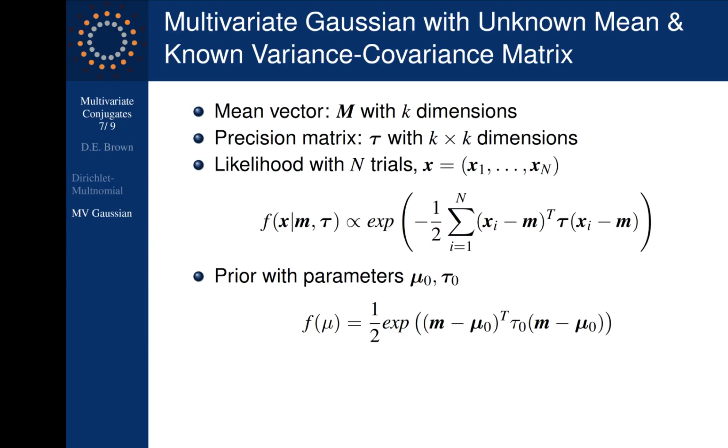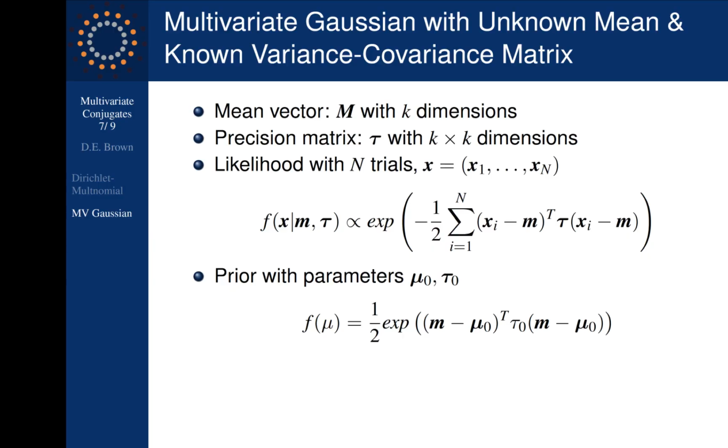The prior has parameters mu naught and tau naught, and again, we know what the precision is for the likelihood. So since we know the precision for the likelihood, we have what amounts to effectively a conditional, because we know the precision.